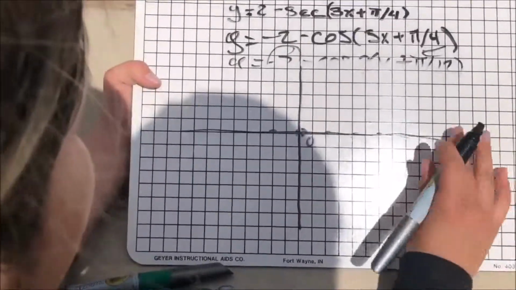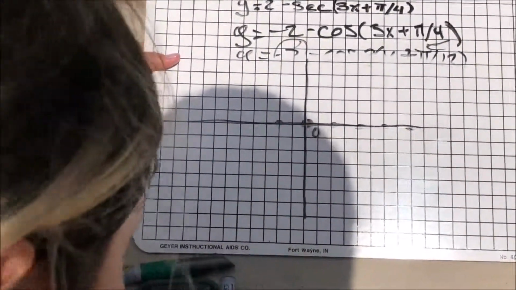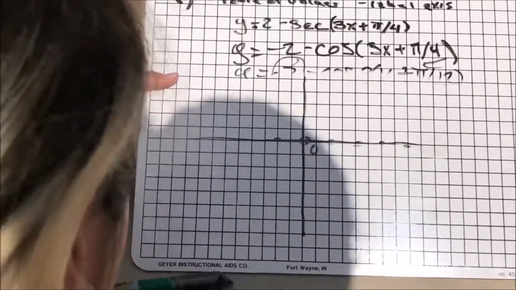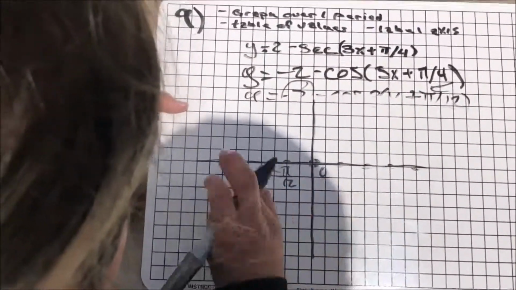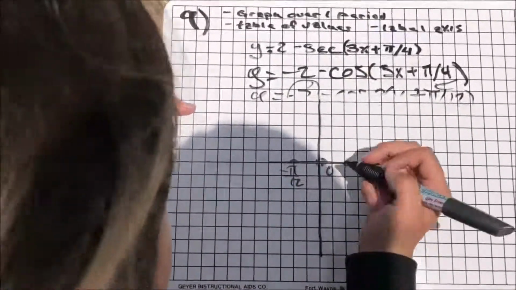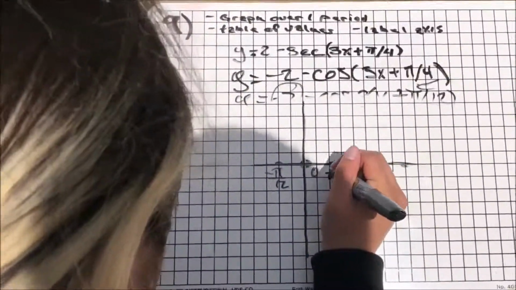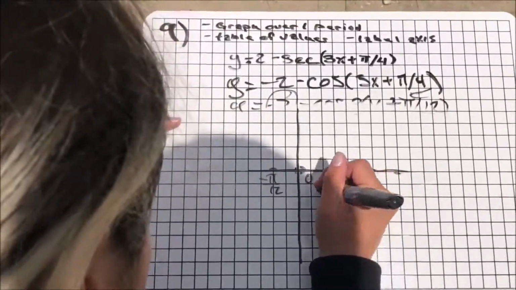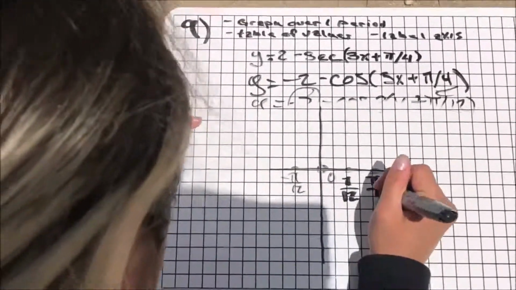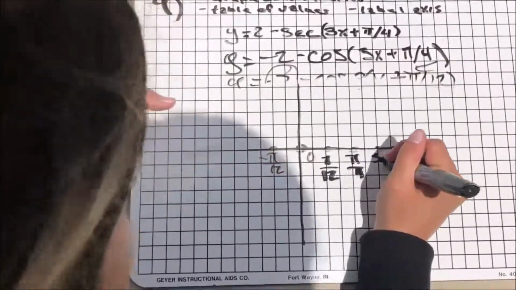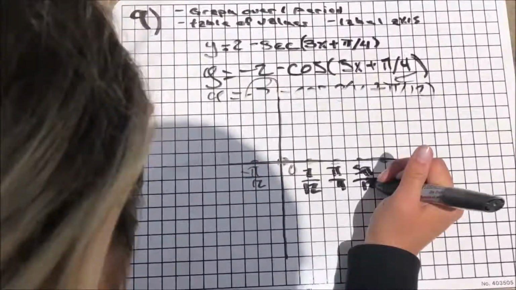And this will be our points right here, and we're gonna put them as negative pi over 12. And this will be positive pi over 12. This will be pi over 4. 5 pi over 12.